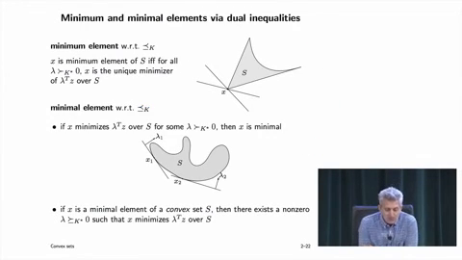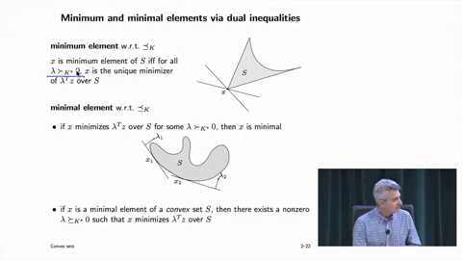There's a connection between minimal elements. Remember, these are the two extreme ideas of minimizing something with a vector inequality. If you have a minimum element, it's characterized this way. If you take any dual positive vector lambda and minimize lambda transpose z over the set, you always get the minimum element.